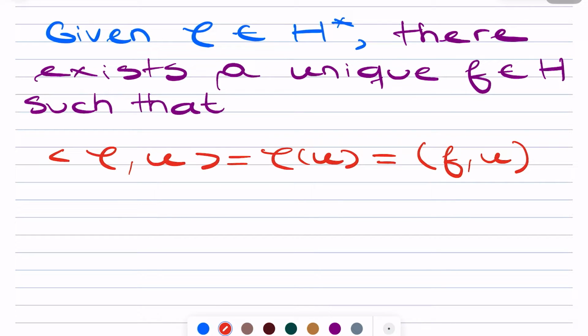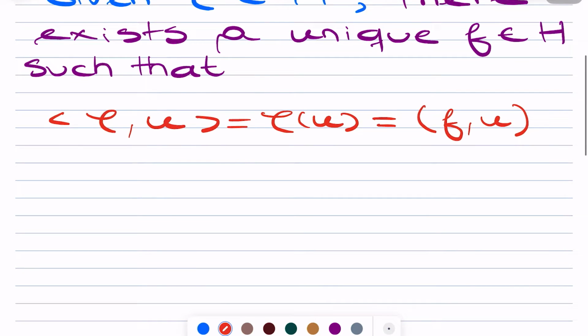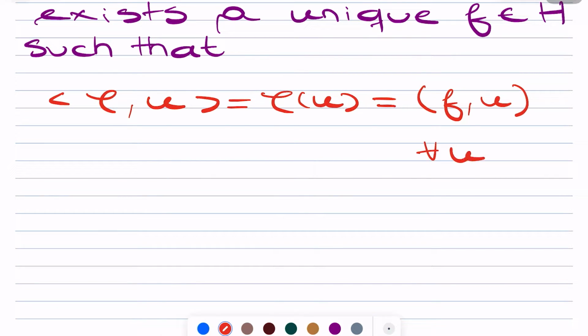Remember we denoted the scalar product by those brackets. And this should hold for every u in H.